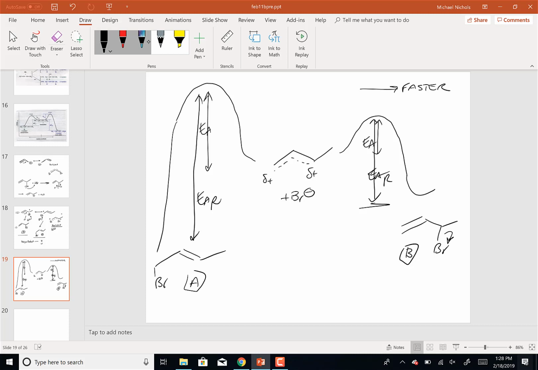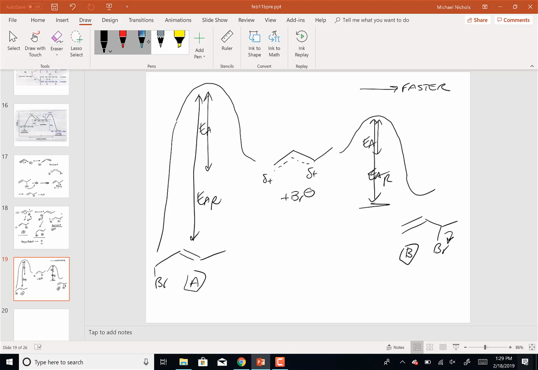So what we're not taking into account right now is the reversibility of this reaction. So I start my reaction out and I form product B the fastest. If I raise the temperature of the reaction and I give it more time to react, what's going to happen?